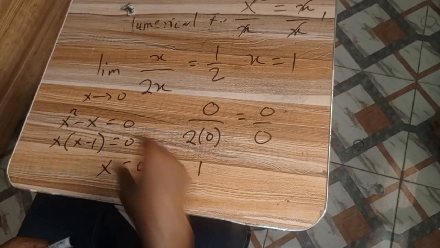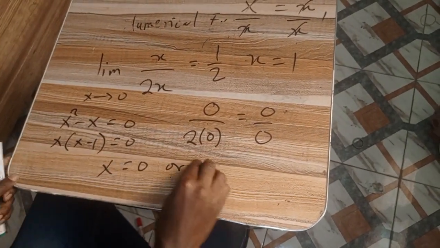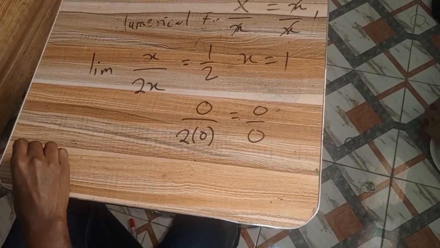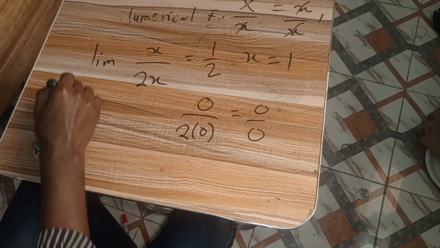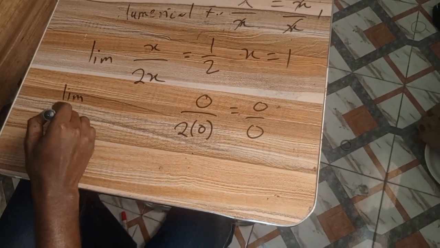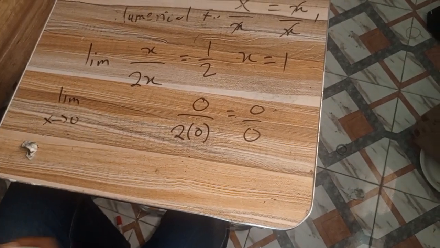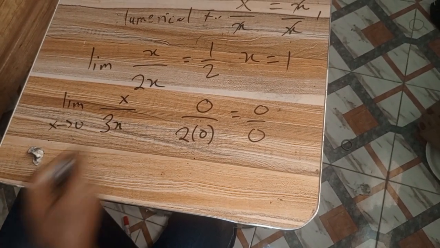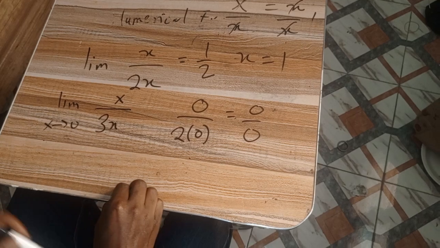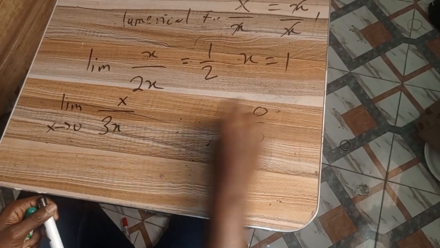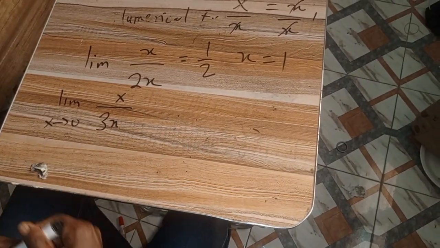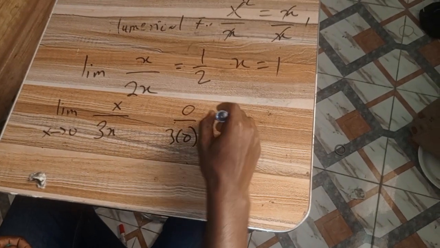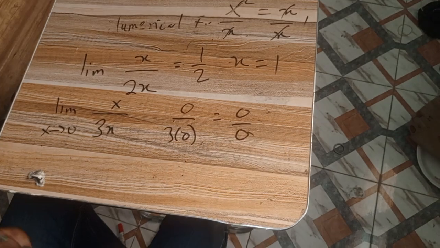Let me go back to what I was saying about 0 over 0 being indeterminate. Now, if you try to evaluate the limit as x approaches 0 of the function x over 3x, again, if you substitute 0 here and here directly, you are going to have 0 over 3 times 0, which will give you 0 over 0.